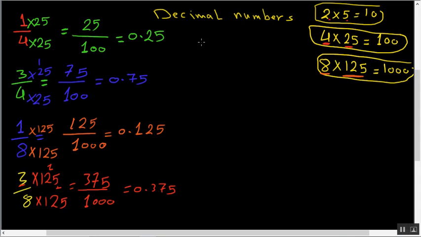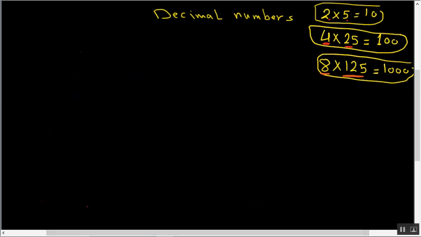Here he said 5 over 8. Down we have 8, so we say 8 times 125, and also above we say times 125. 8 times 125 will be 1000, and here 5 times 125. 5 times 5 equals 25, write 5 and carry 2. 5 times 2 equals 10, plus 2 equals 12, write 2 and carry 1. 5 times 1 equals 5 plus 1 equals 6.